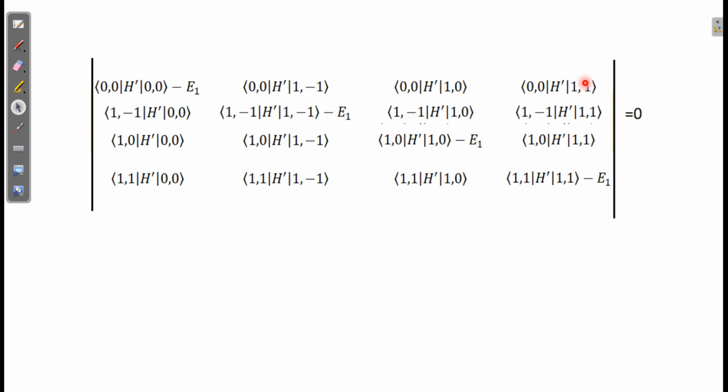Fourth, 1 1 is fixed, with 0 0, 1 minus 1, 1 0, 1 1. Similarly H dash LL minus E1, 0 0 0 0 minus E1, 1 minus 1 1 minus 1 minus E1, 1 0 1 0 minus E1, 1 1 1 1 minus E1.